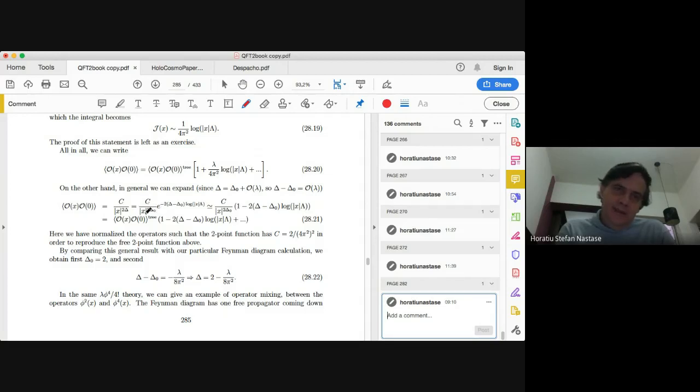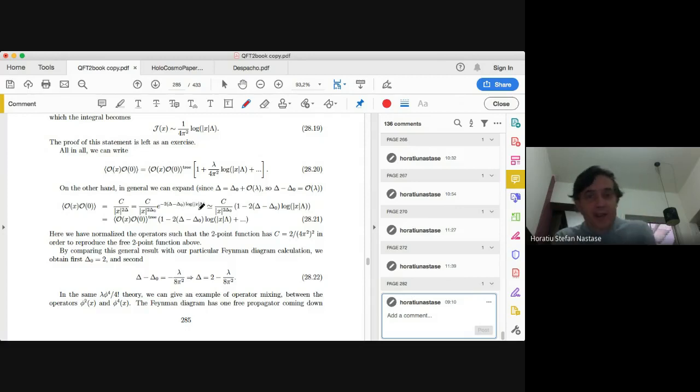So I write C over x to the 2 delta 0 plus delta minus delta 0. But then this power law, I can always write as exponent minus 2 times delta minus delta 0 log of x.